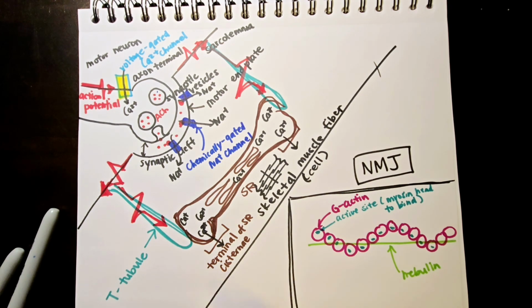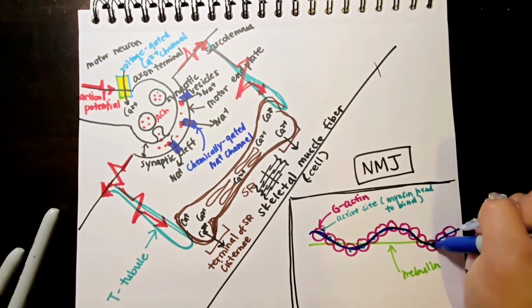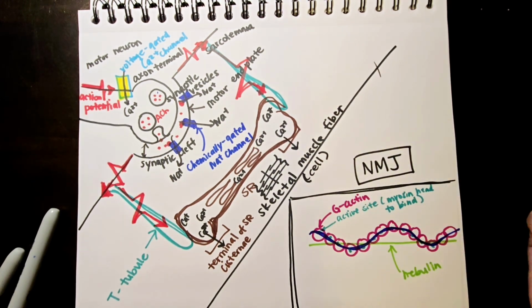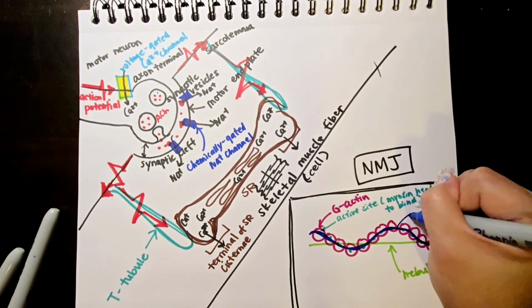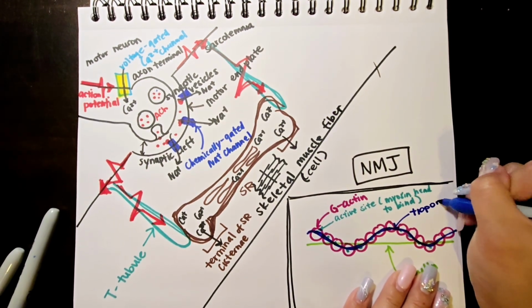And then on top of that, you have a little molecule that lays right over all the active sites, that winds around the g-actin and covers the active site perfectly. This molecule is called tropomyosin.